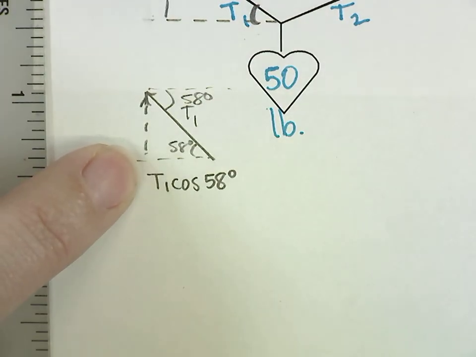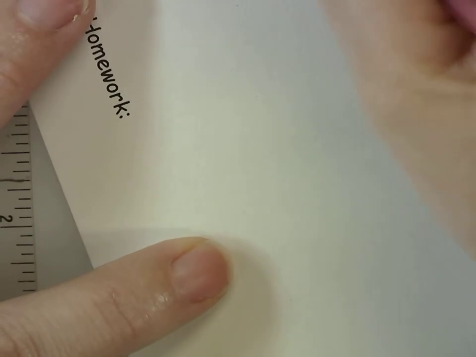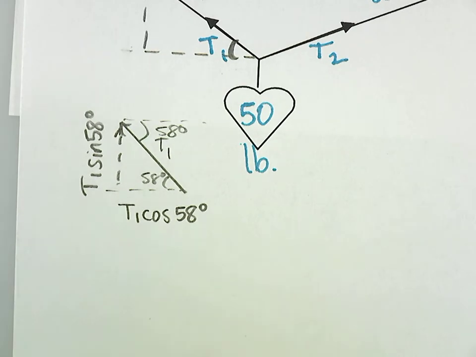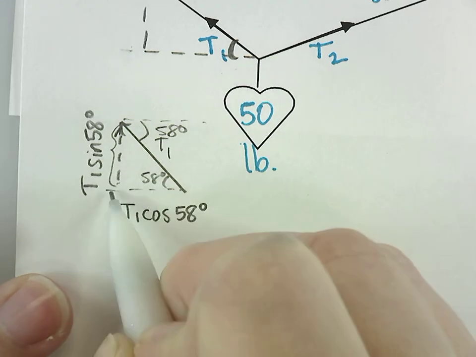T1 sine of 58. Exactly. So T sub 1 sine of 58 degrees is the vertical component, and T1 cosine of 58 is the horizontal component.